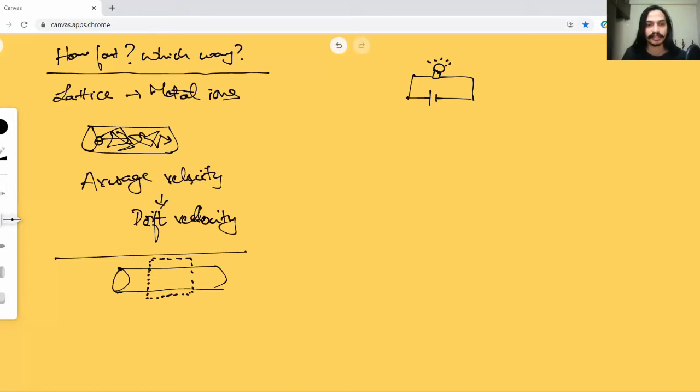So I'm taking a three-dimensional shape, like a cylinder, part of this conductor. I'm going to measure how fast the electrons are going through this. Assume that this area is A.